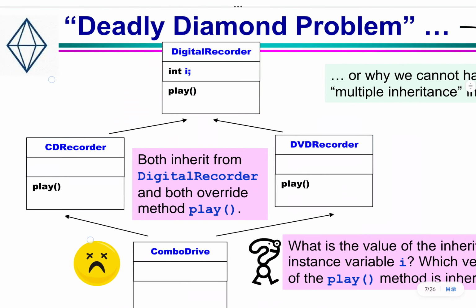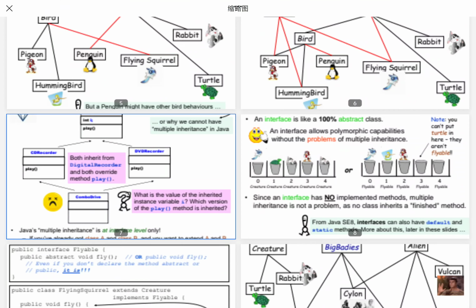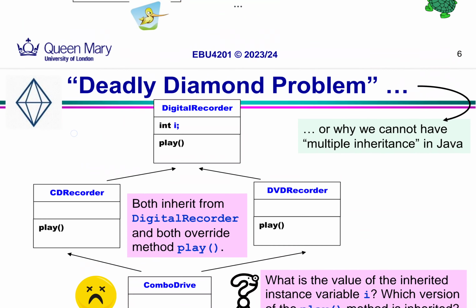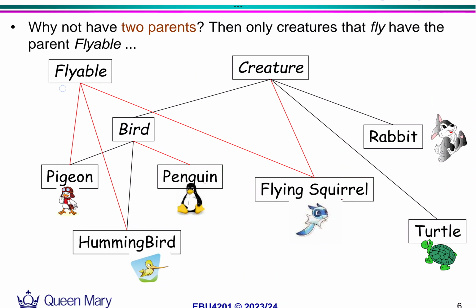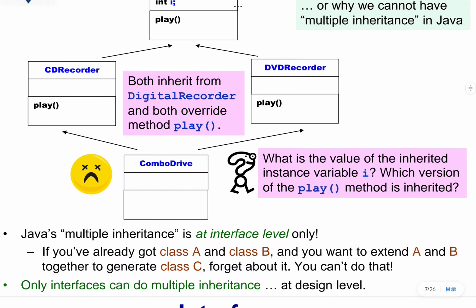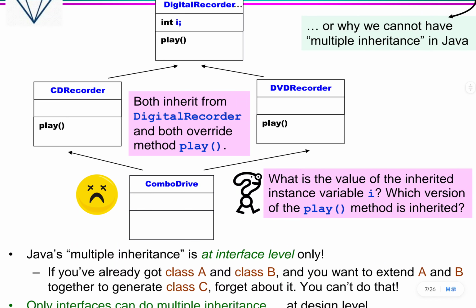The deadly diamond problem means that digital recorder, CD recorder, DVD recorder, combo drive both inherit from a digital recorder, and both override the method play. So what is the value of the inherited instance variable I?